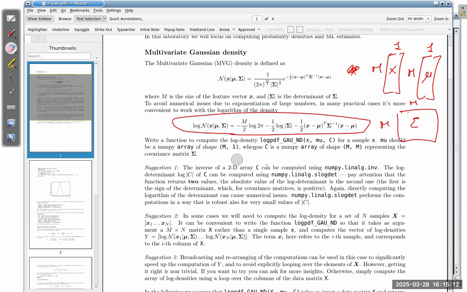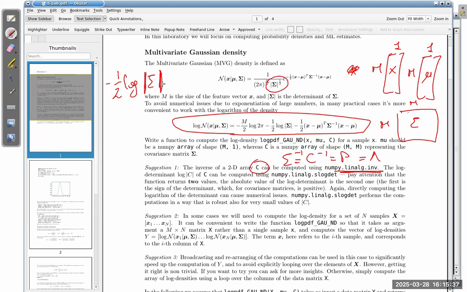How do we do this? Well, we use some existing functions. The inv function can be used to compute C minus 1, that is the precision, that is lambda. C is equal to sigma. And then we need to compute 1/2 the log determinant of sigma.